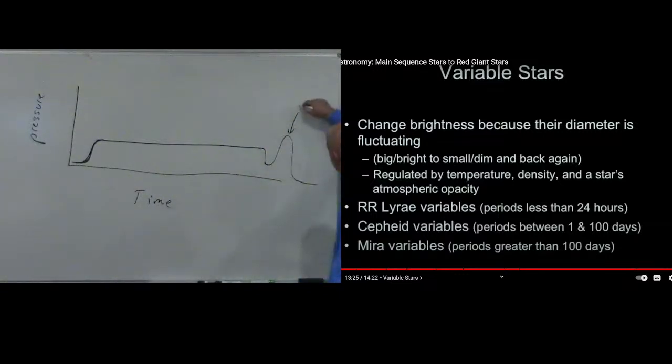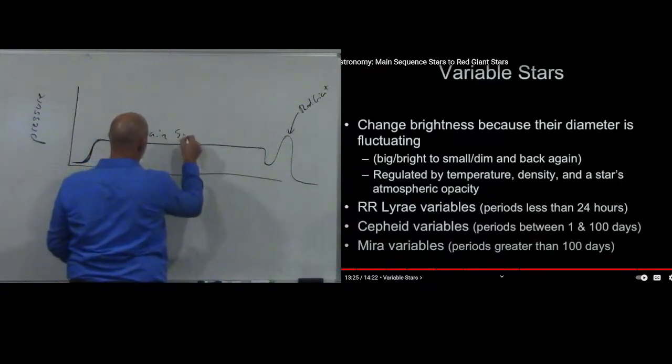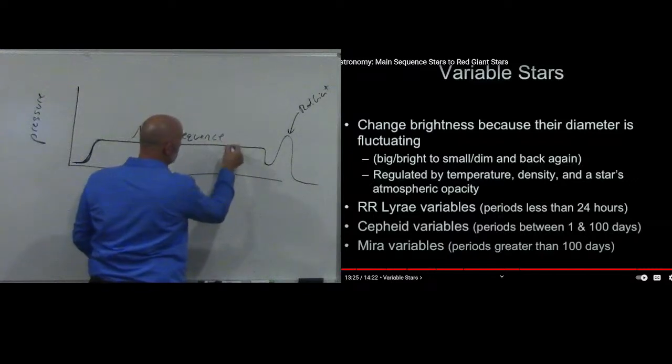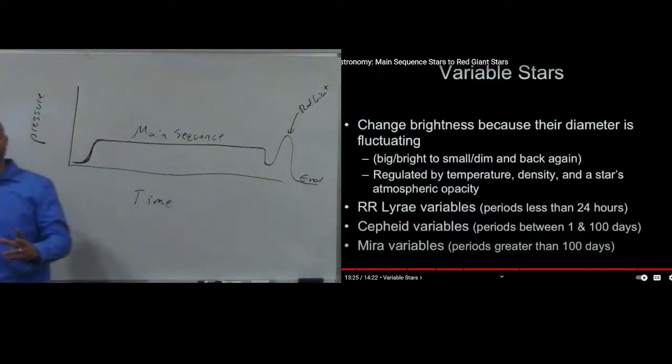This is red giant, this is main sequence, this is end of life. That depends on how big a star was. We're not to that point yet, but I just want us to think about these two features.